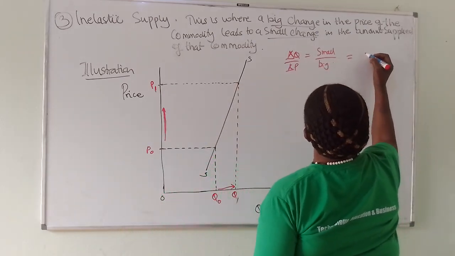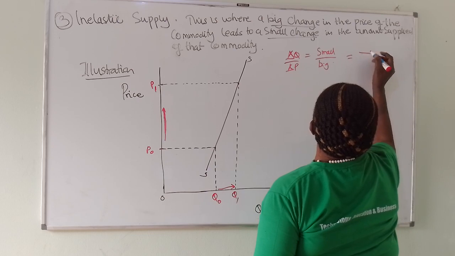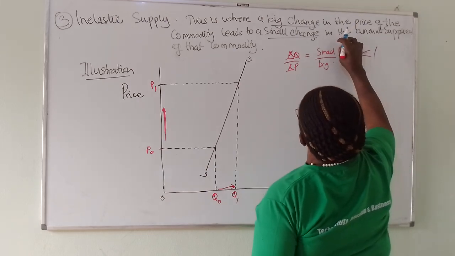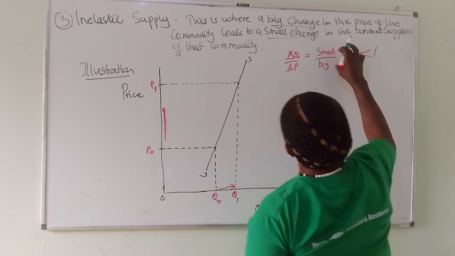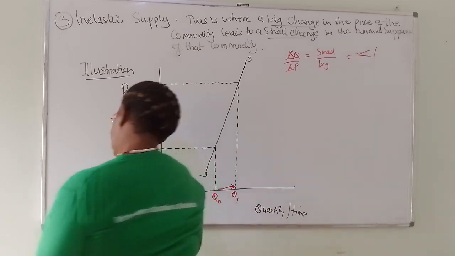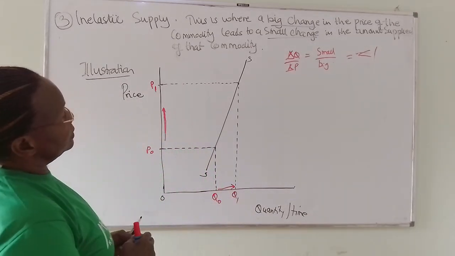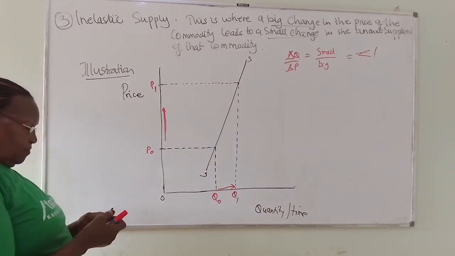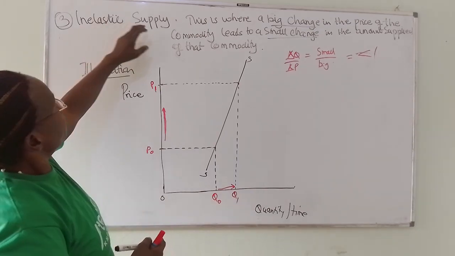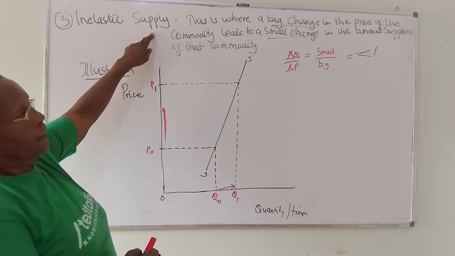Therefore our calculated answer is going to be less than 1. You are dividing a small figure by a big figure, so the fraction is going to be less than 1. So whenever we calculate and get a value less than 1, we can interpret our coefficient and say that the supply of that product is inelastic.